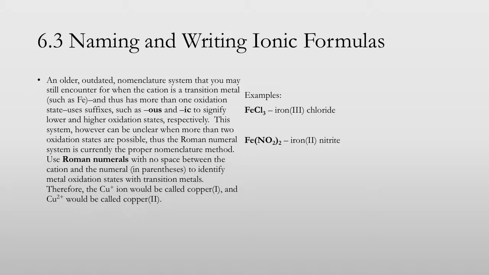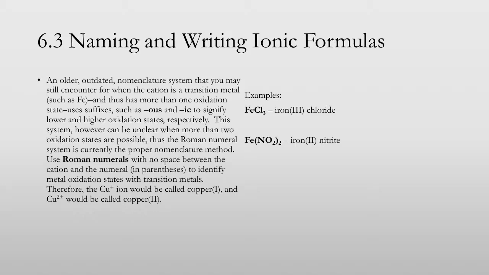So chemists have come up with this Roman numeral system, and in the Roman numeral system you use Roman numerals to indicate the positive charge of the atom or the oxidation state. There's no space between the cation and the numeral in parentheses to identify metal oxidation states with transition metals. Therefore, a copper 1+ ion would be called copper 1, and a copper 2+ ion would be called copper 2.